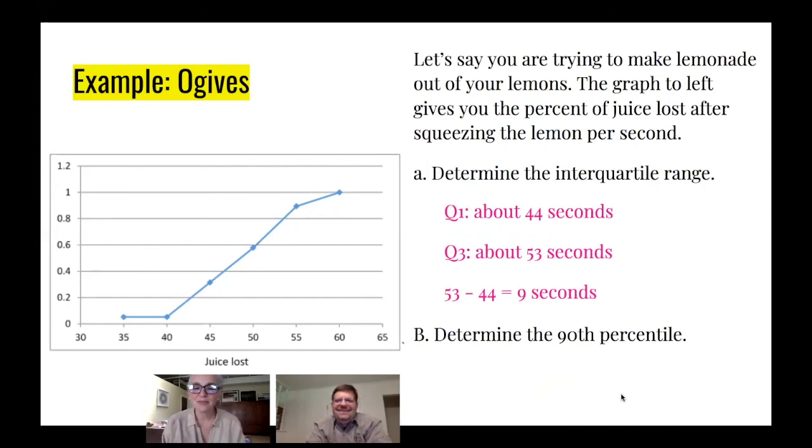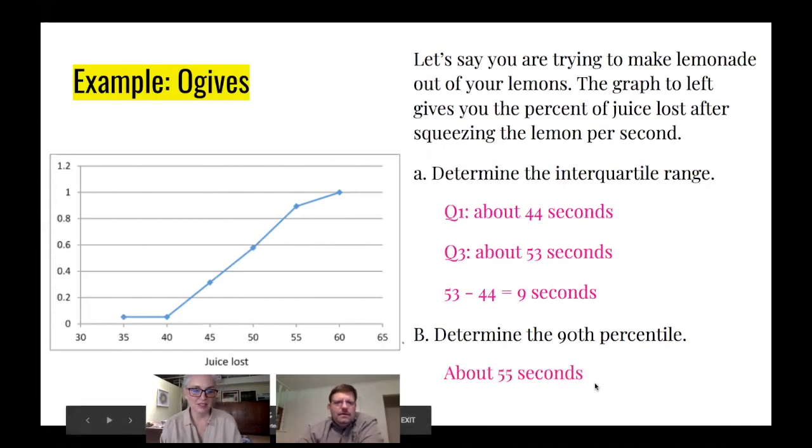And then my last question here is to determine the 90th percentile. So we would do the same thing. We would estimate where 90 is on the vertical, go over to the graph, and then down. So it takes me about 55 seconds to squeeze out 90% of the juice in the lemon.